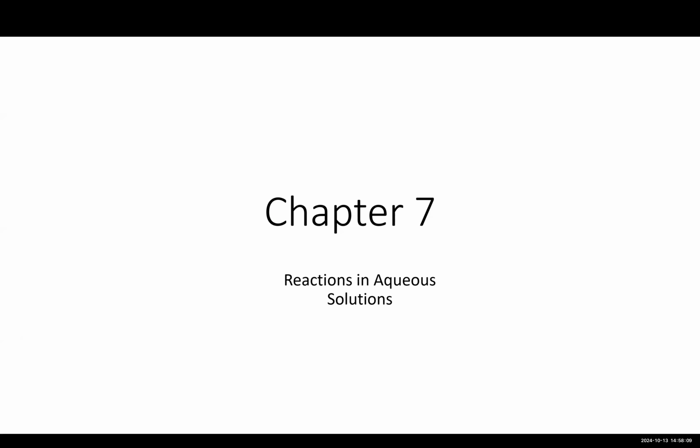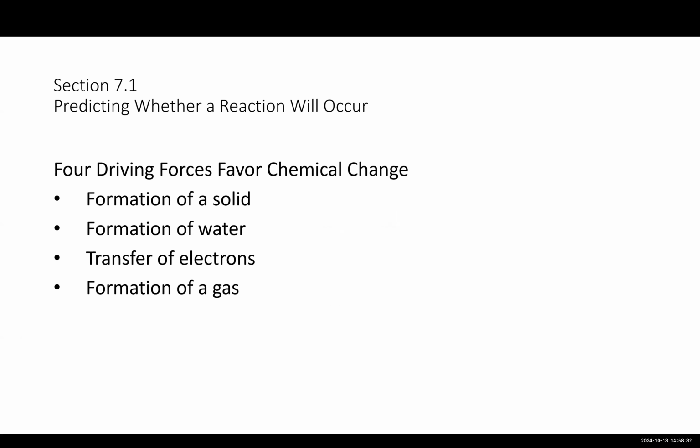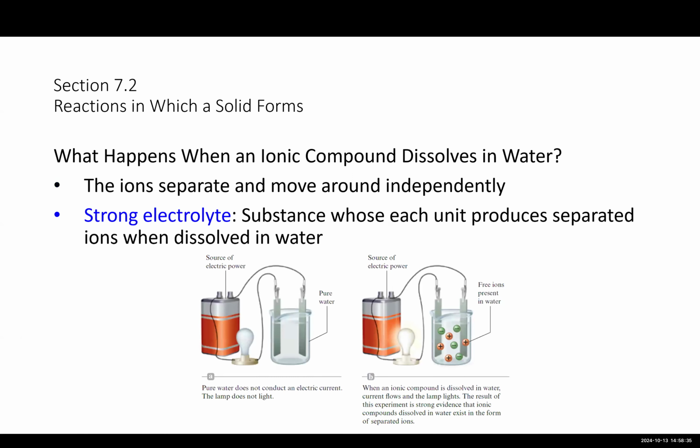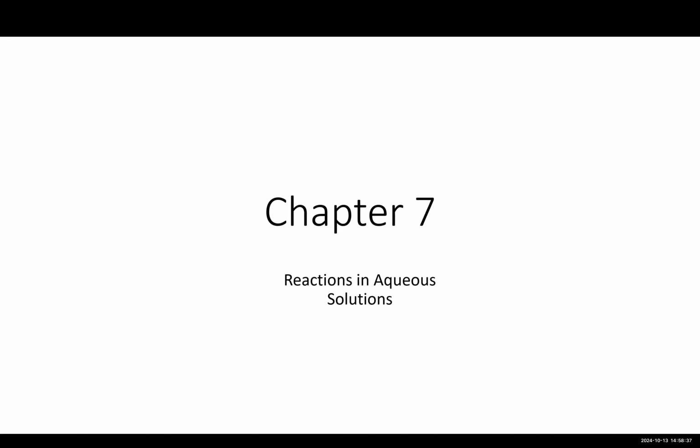To see the chemical reaction in aqueous solution, you will have to know the solubility of each chemical compound, so that we can predict the chemical reaction based on the solubility of the salt. So that's going to be chapter 7.